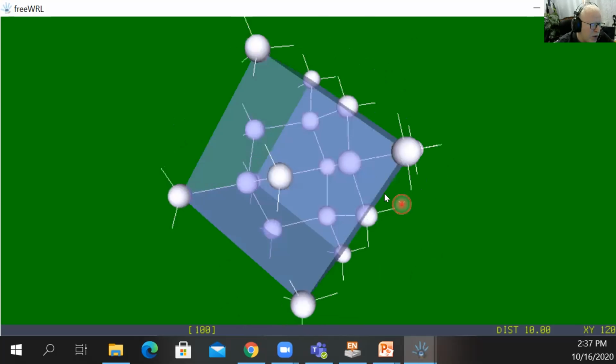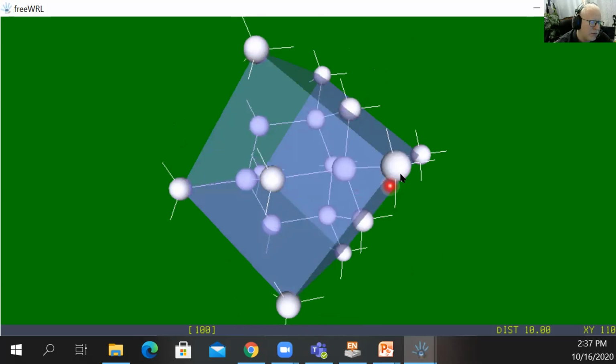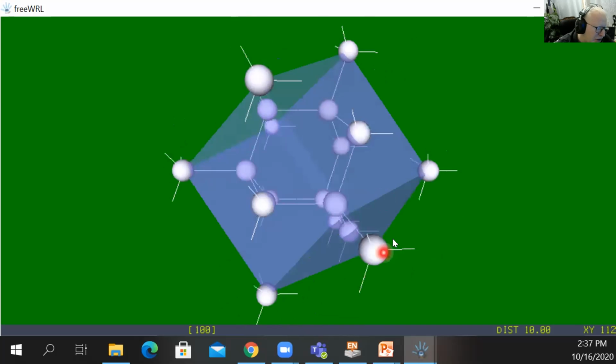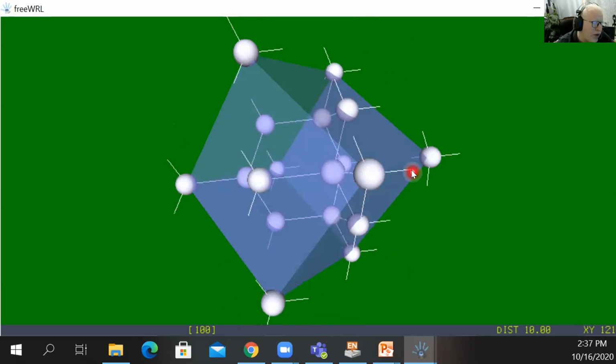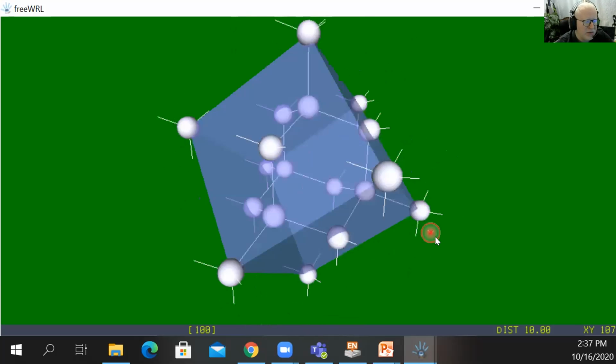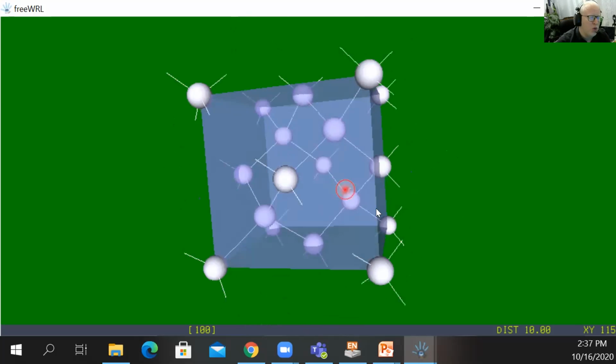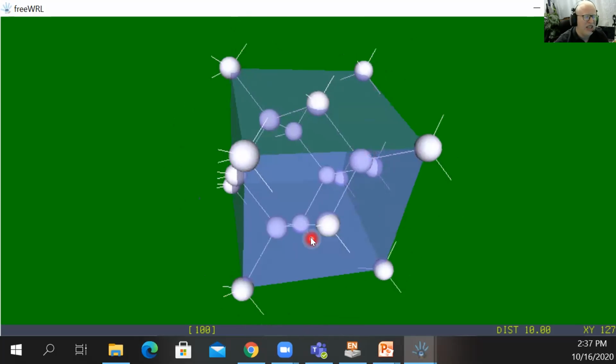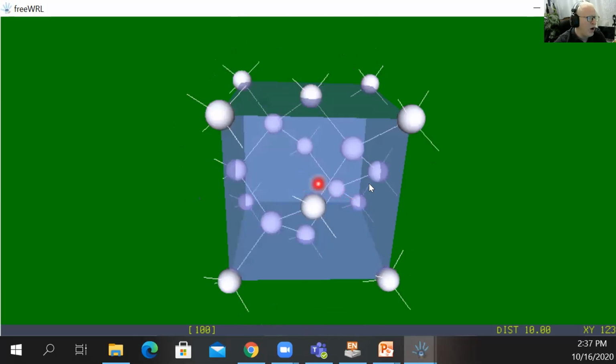For example, this bottom atom has one bond with another atom in the same unit cell, but still has three bonds with three atoms outside this unit cell. Again, please remember that the material is crystalline, so this structure is repeated in the X, in the Y, in the Z. It's a three-dimensional structure everywhere.